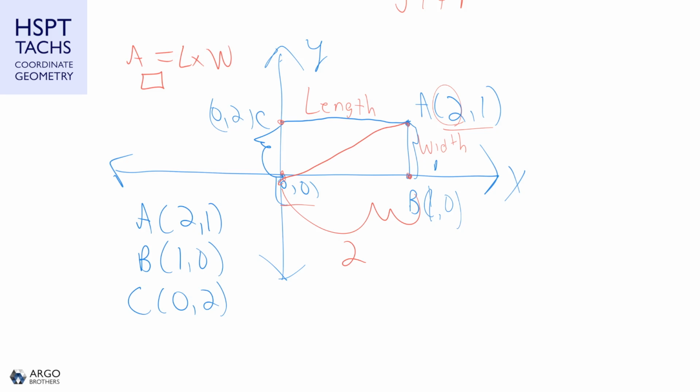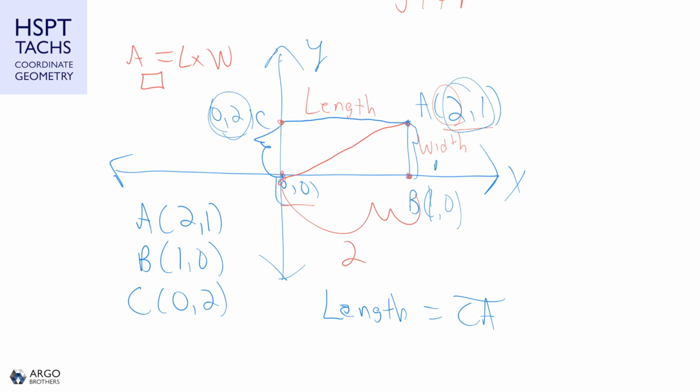Now, our original idea was to find the area. So can we find the length? No, the length must be the line segment that is CA. Well, for CA, we can use the distance formula or just use logic. If this is (0, 2) and this is (2, 1), that means to go from C to A, we must travel a certain horizontal distance.